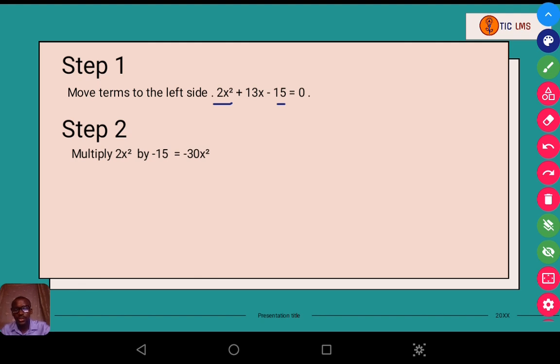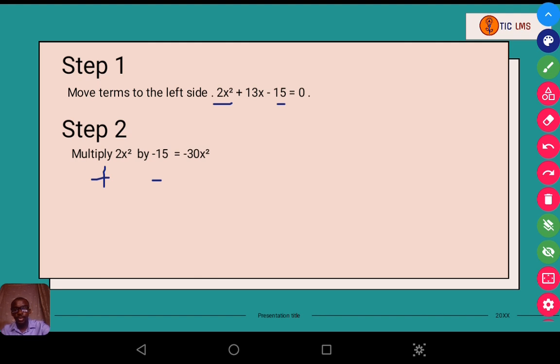In this case, 2x squared looks like it doesn't have any sign with it, but whenever you have it in that form, take it that it has a positive sign. And then your 15 has a negative sign. So when you're multiplying, it's like you have a positive 2 and then a negative 15.